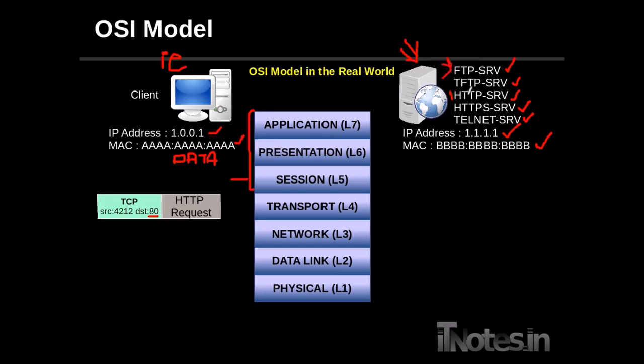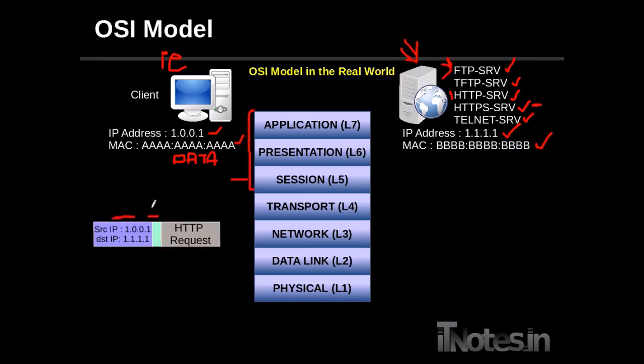If the port number was 443, that would mean I'm trying to contact the HTTPS service. Also note that I have created a source port within this computer, with the number 4212. This is a randomly generated number. The computer simply creates a number for its own. I'll tell you why it is created in a bit.